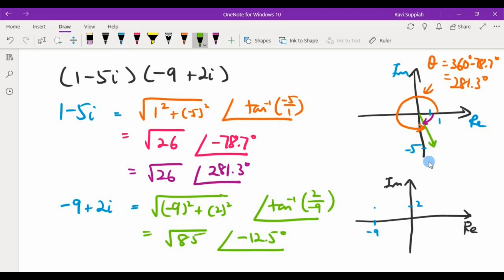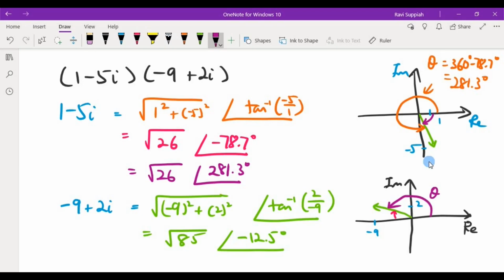So the complex number lies in this quadrant 2. So this negative theta in this case is referring to this angle over here. Okay, so this is your negative 12.5 degrees. So the actual theta that we want is actually this theta here.